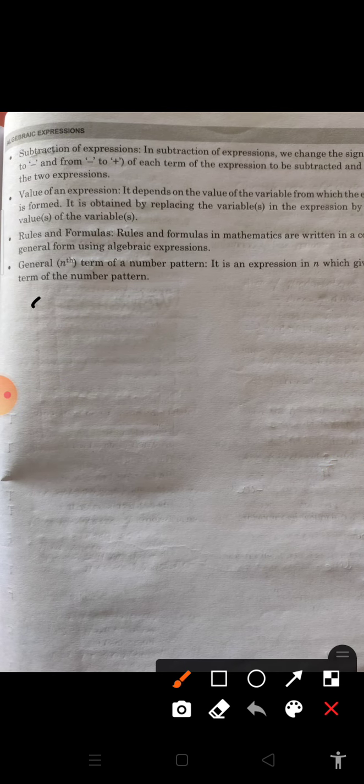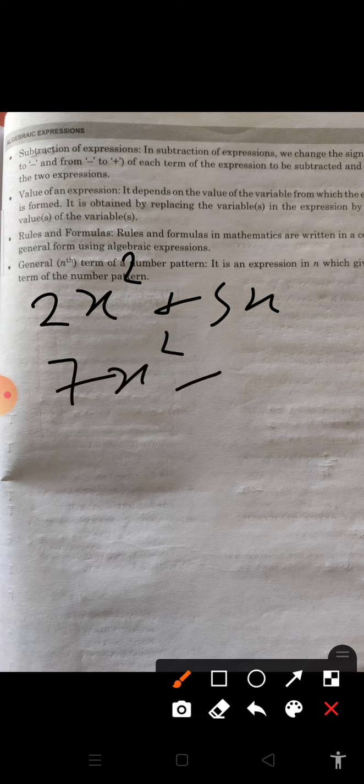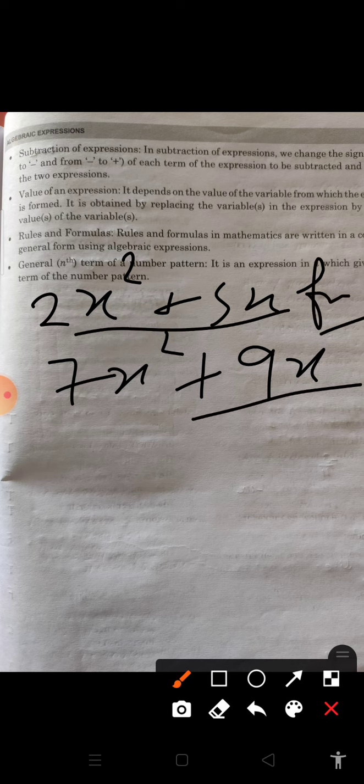Suppose 2x square plus 5x is subtracted from 7x square plus 9x. First we write 7x square plus 9x.